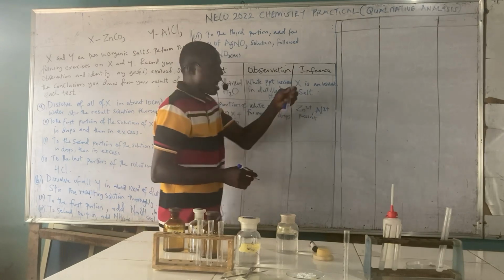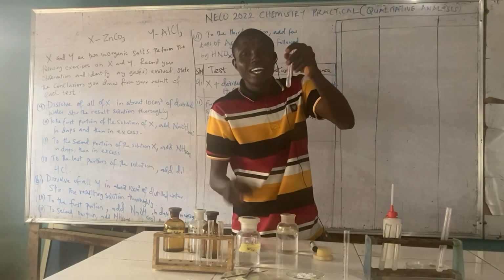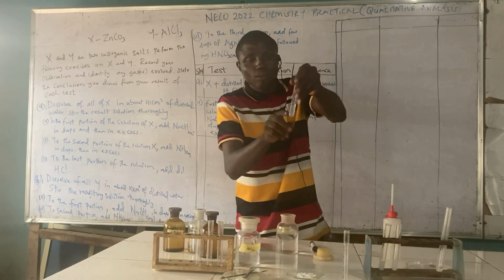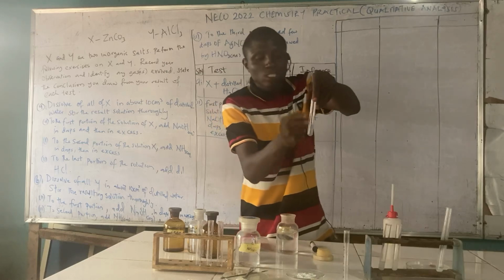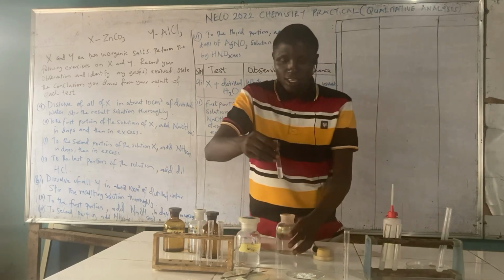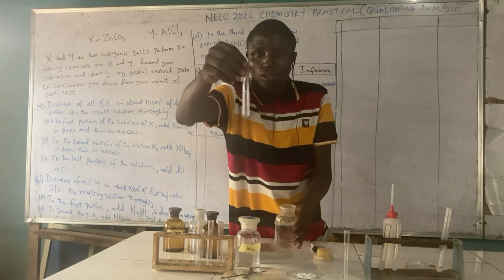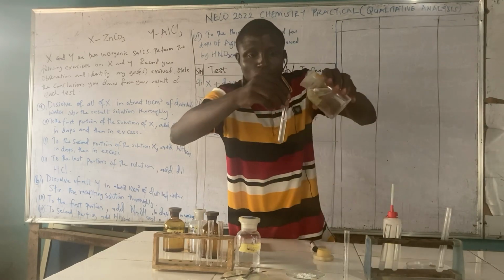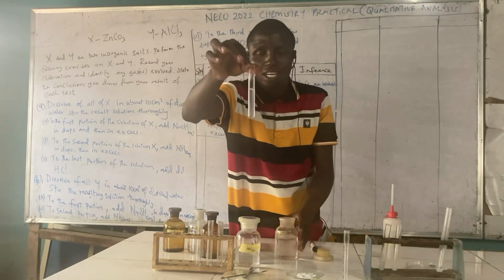So these are the likely cations that are likely to be present in solution, since we still have a light white precipitate. It's almost getting to colorless, but let's add it in excess. Now you can see that the white precipitate dissolved in excess sodium hydroxide, as you can see.